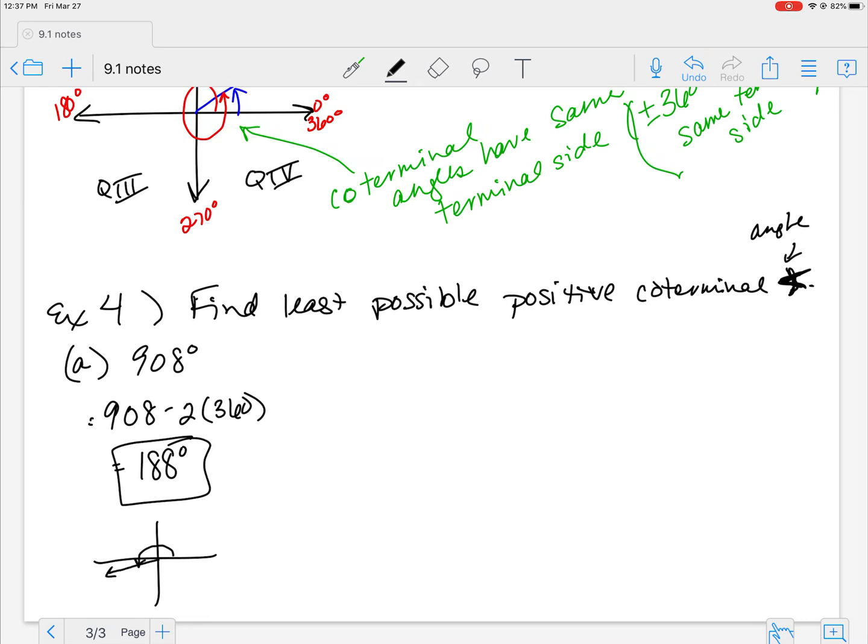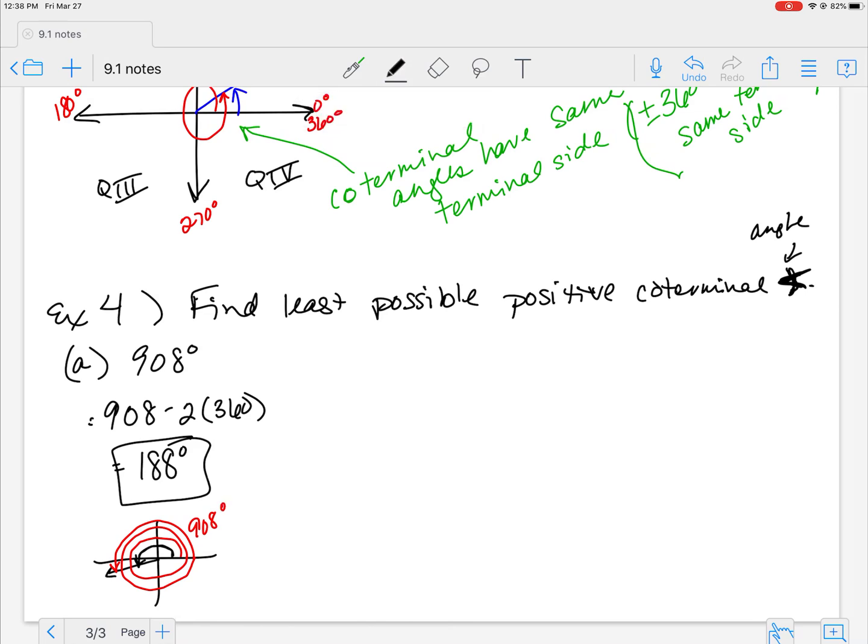All right. So what that means is you have this terminal side right here about 188 in order to get to that. But your 908 actually looks like this, where I'm taking this, there's 360, there's 720, and then I get there.